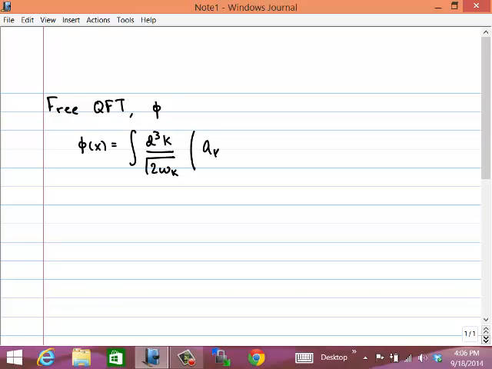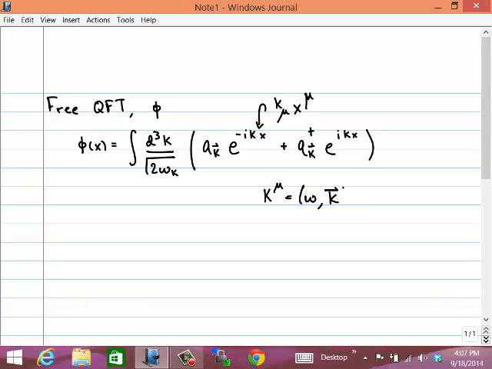And we expand phi in terms of the Fourier modes in this plane wave basis that we called a_k and a_k dagger, where here I'm using the shorthand where kx is a shorthand for k_mu x^mu, where k_mu is the energy-momentum 4-vector, whose components are omega and k, and x^mu is the usual 4-vector, whose components are t and x.